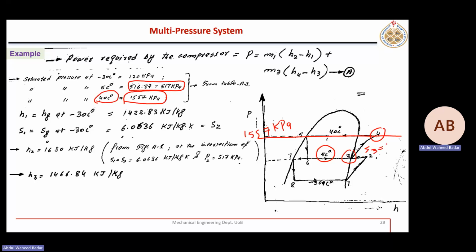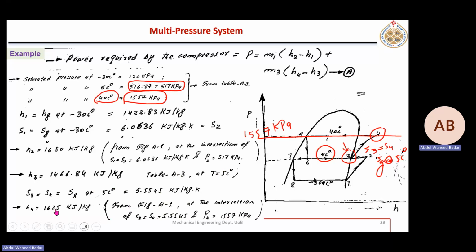S3 is equal to S4, equal to Sg at 5. This one, Sg, which is equal to S4, isentropic compression. Okay, so that will give us point 4.